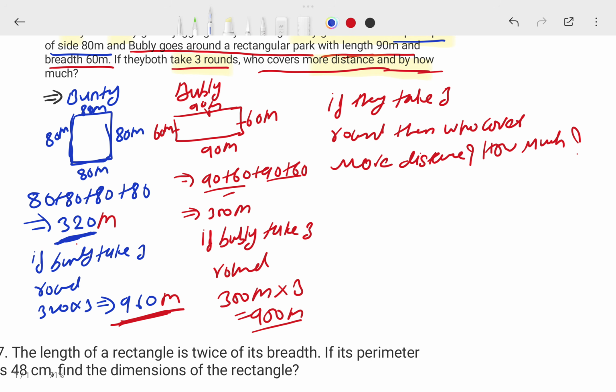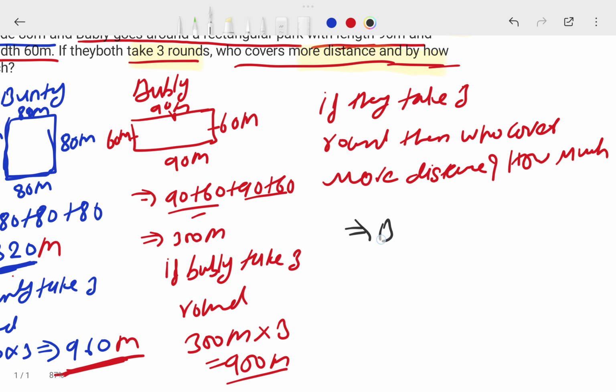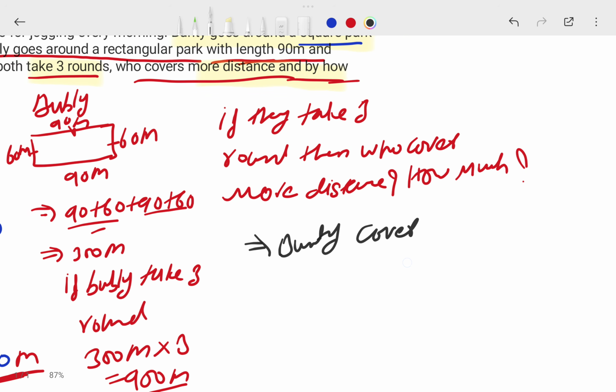So here our answer is that Bunty covers more distance. So here we will write, Bunty covers more distance.